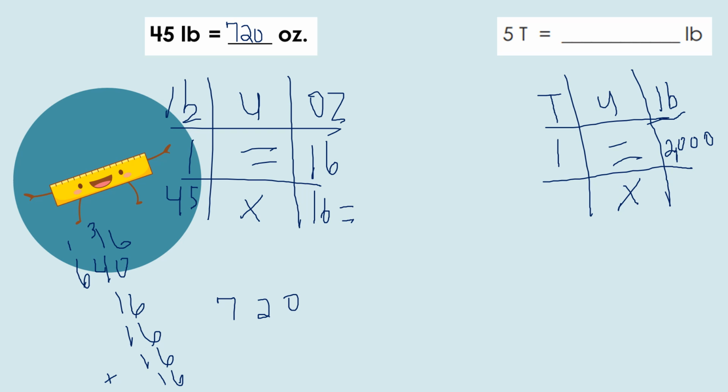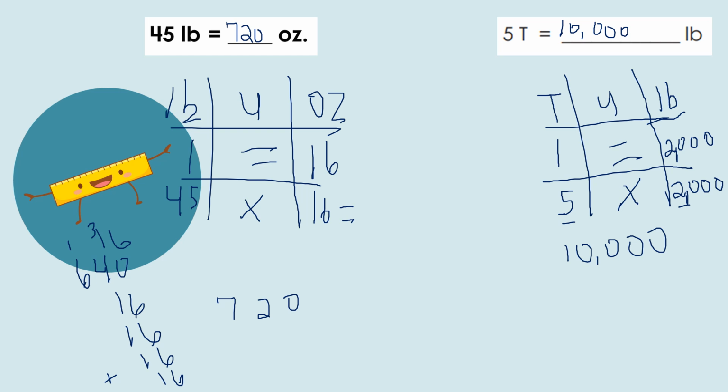My question said 5 for tons and it didn't say anything for pounds, so I use what's in my tic-tac-toe. Remember, focus on what's not 0. 5 times 2 is 10. And then how many extra zeros are in your problem? 3. 1, 2, 3. So 5 tons is equal to 10,000 pounds.